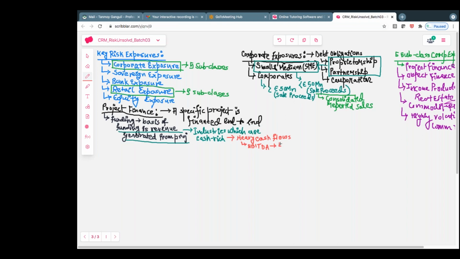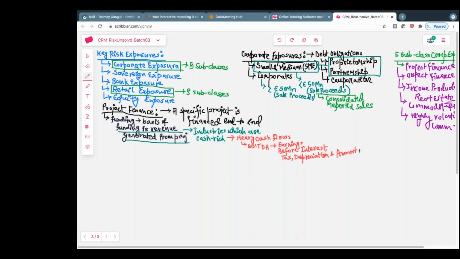The EBITDA measure. So I'll just put this once again over here as earnings before interest, tax, depreciation, and amortization.